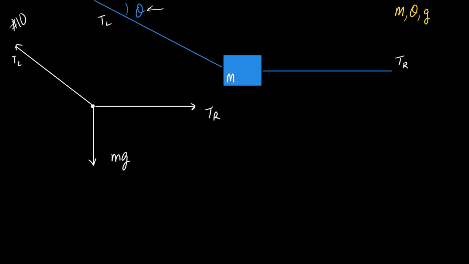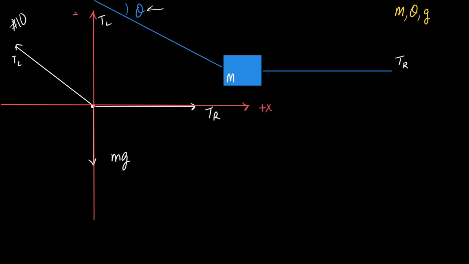I'm going to put a coordinate system in. I think the clear and obvious choice is one that's lined up with TR and MG. So I'll make that the positive X direction.